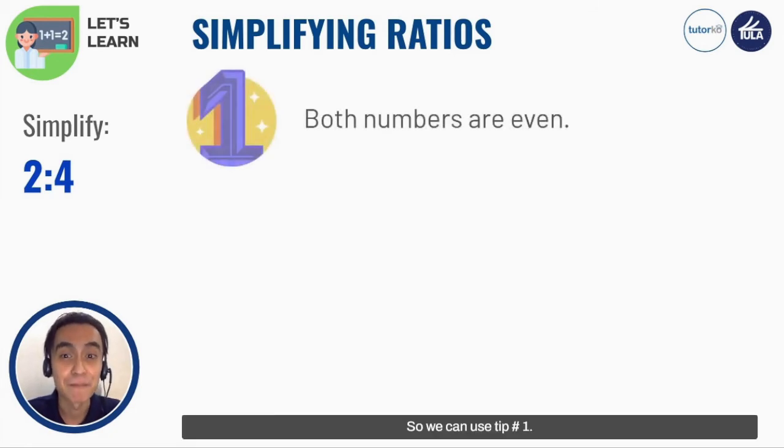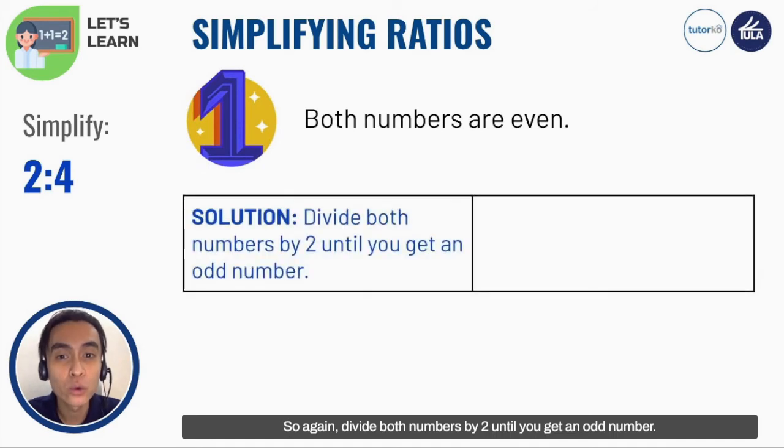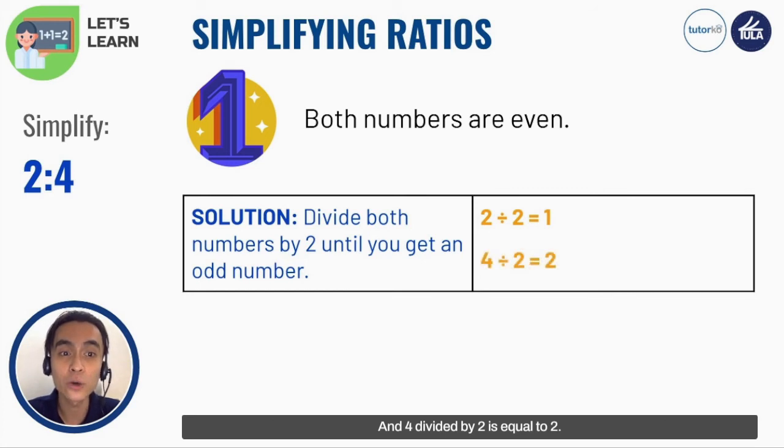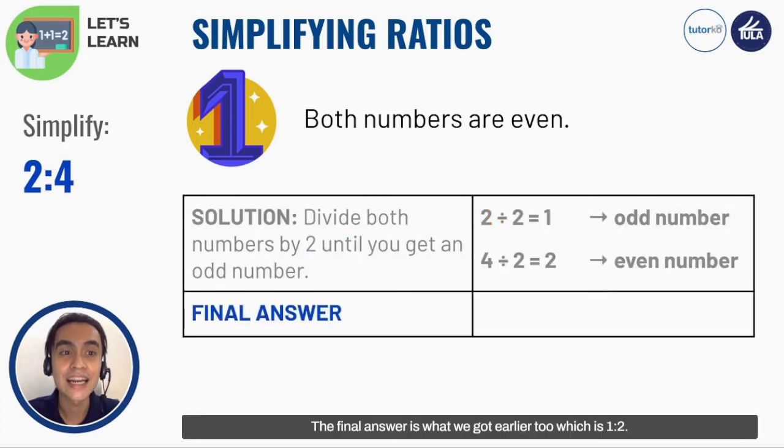So we can use Tip number 1. So again, divide both numbers by 2 until you get an odd number. 2 divided by 2 is equal to 1. And 4 divided by 2 is equal to 2. 1 is already an odd number, so we can stop here. The final answer is what we got earlier too, which is 1 is to 2.